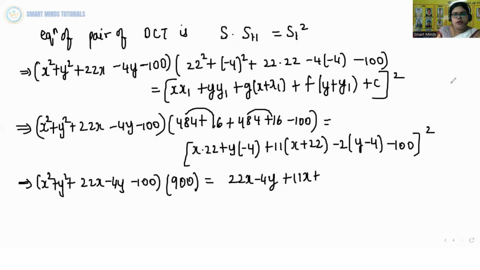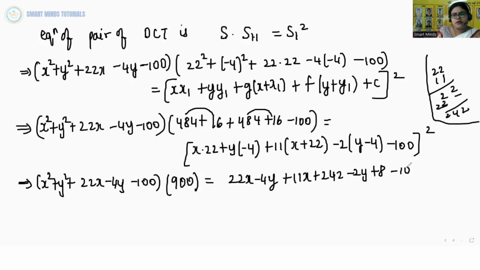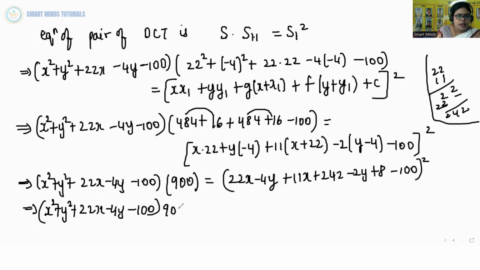What is 11 into 22? It's 242 minus 2y plus 8 minus 100 whole square. I hope it is clear to you. So the left hand side part I am not disturbing now. I am writing as it is. And now right hand side we need to solve.